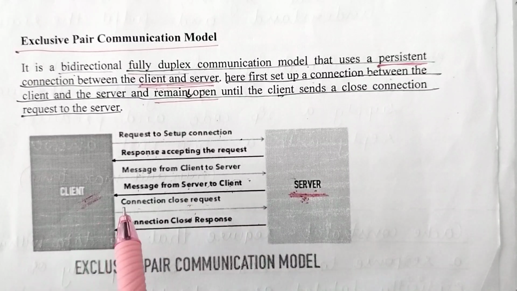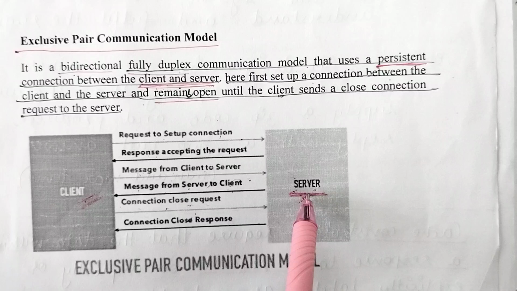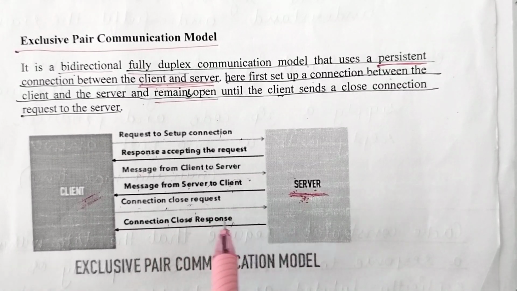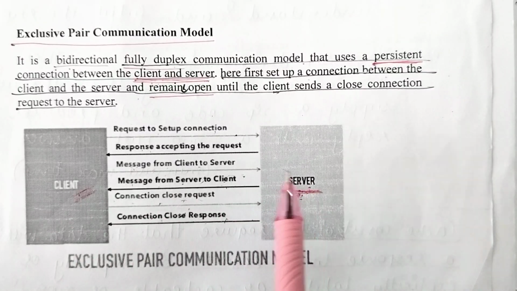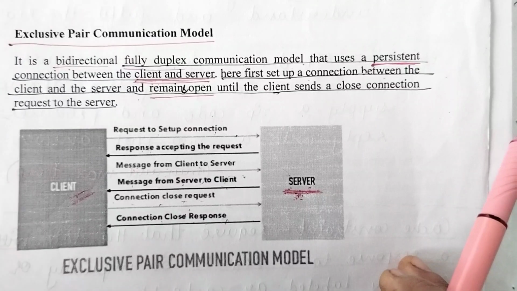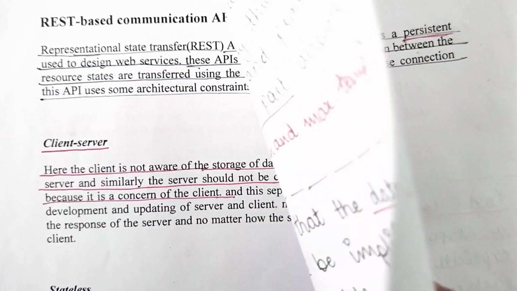So when it is done, the client will send a connection closed request to the server, and the server will respond to this request, and after this the connection will be released between these two, and this connection can then be used by any other client server pair. So hence this name is exclusive pair communication model.